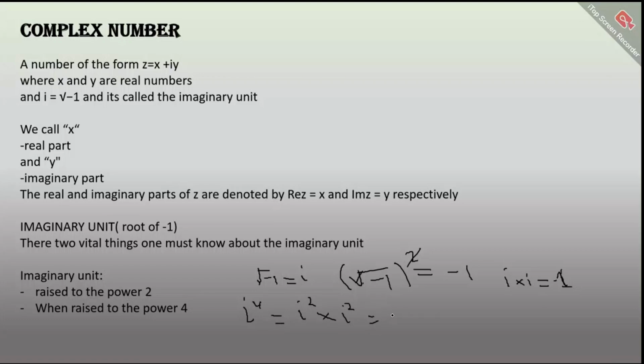We know that i squared is -1, and again i squared is -1. So -1 times -1 will get +1. This is very, very important. So for the last one, raised to the power 4, let's have some examples and I'll show you how to go about it.